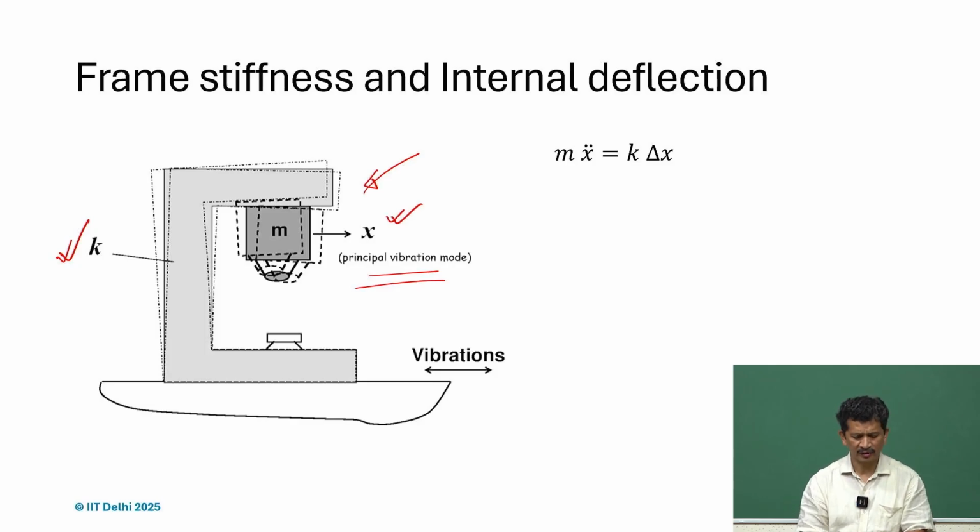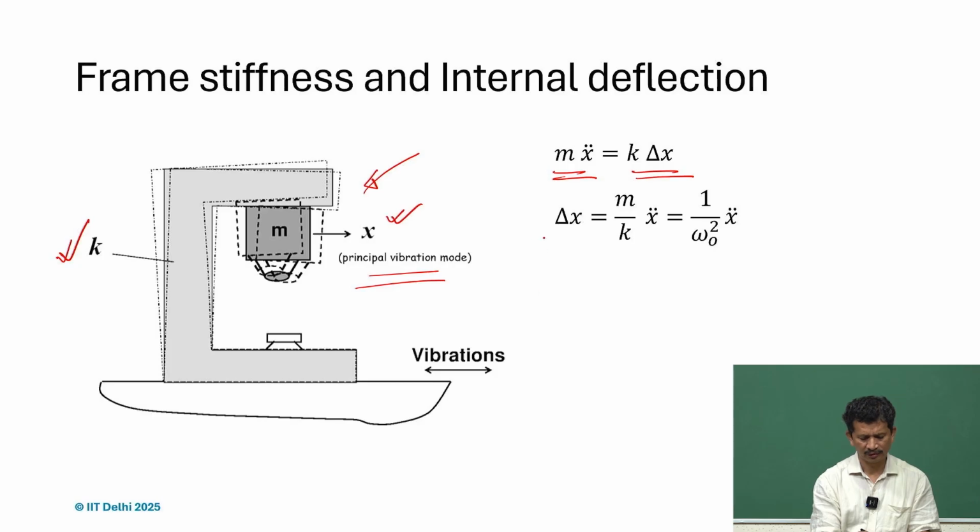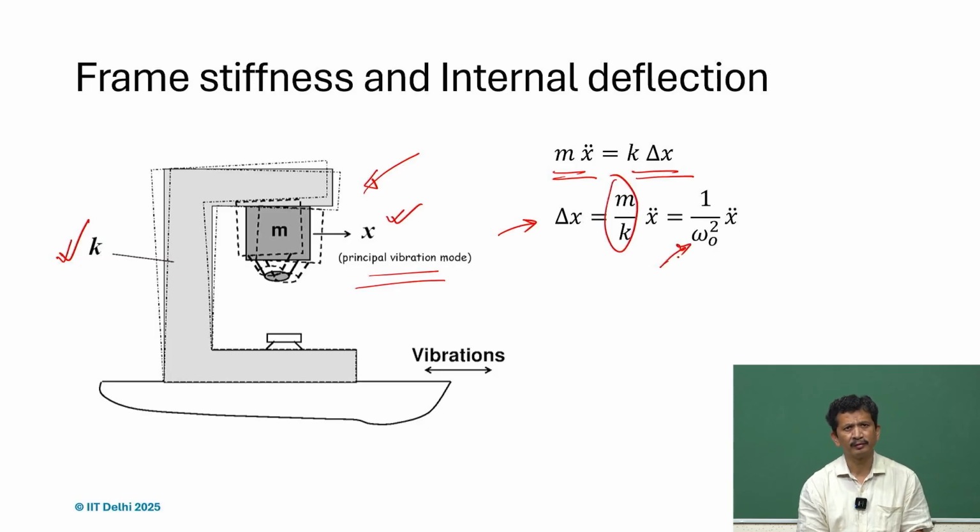If we write the dynamic equation, again m x double dot is equal to k delta x, where delta x is the deflection of the frame. If we rewrite it in terms of the deflection, we get m by k times x double dot, and we can always write in terms of omega naught, which is the fundamental frequency.